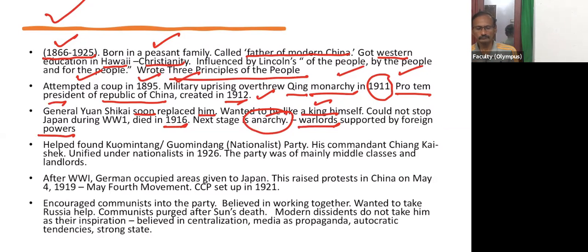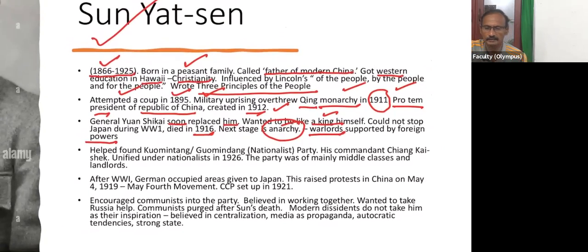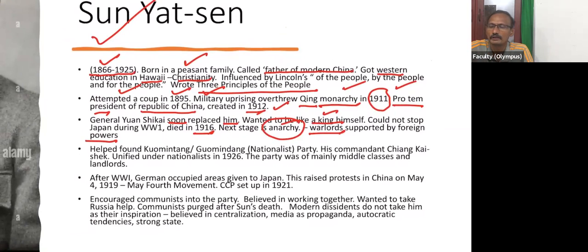Then what happened? Sun Yat-sen wanted to end this anarchy. And how could this anarchy be ended? For that, he himself needed to have an army, because it is a fight among the warlords.